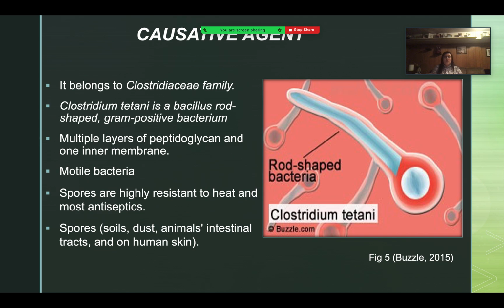It is a motile bacterium, which uses rotary flagellum movements in a peritrichous orientation. It is sensitive to heat and cannot survive in the presence of oxygen during vegetative growth. Also, it synthesizes ATP through the use of sodium and fermentation. It forms spores that are highly resistant to heat and most antiseptics. The spores are found in soil, dust, animals' intestinal tract, and on human skin.